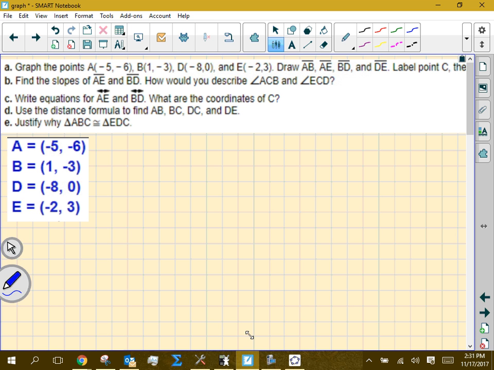But when you get to the end of course exam, they're going to say, provided point A equals (-5, -6), B is (1, -3), D is (-8, 0), E is (-2, 3). Justify why triangle ABC is turned into triangle EDC. And they do not walk you through every single thing that you need to be able to do that.